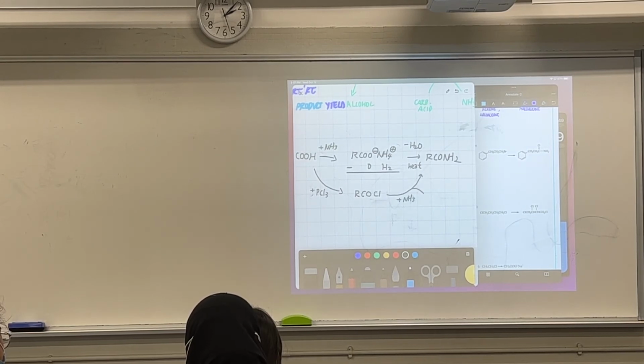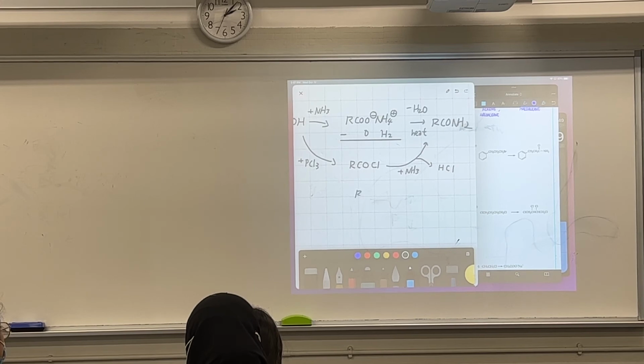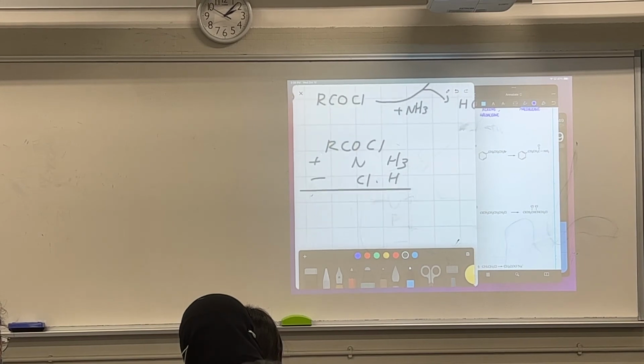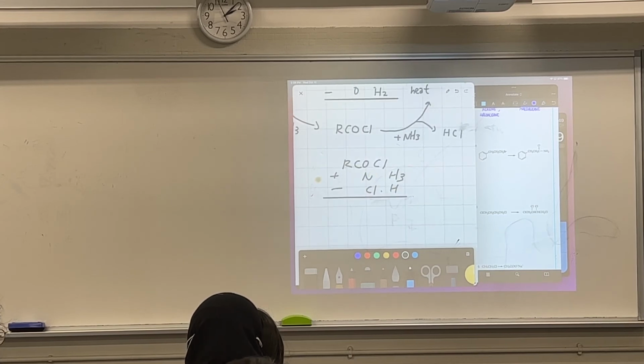And then finally, you react ammonia with it, and you will kick out an HCl in the process. This is a bit harder. Now, what we are doing is RCOCl plus NH3 minus HCl. Maybe I will write it in such a way that you can see it more clearly. When I add RCOCl to NH3, and then subtract HCl from that, how many atoms of each type are left?